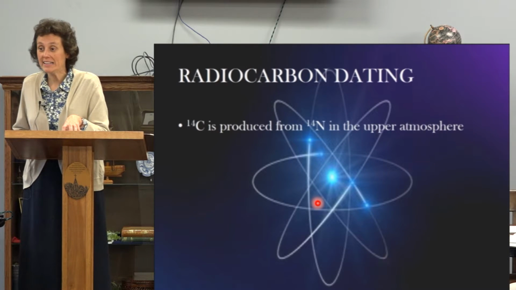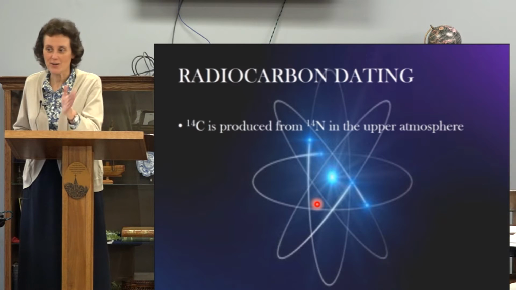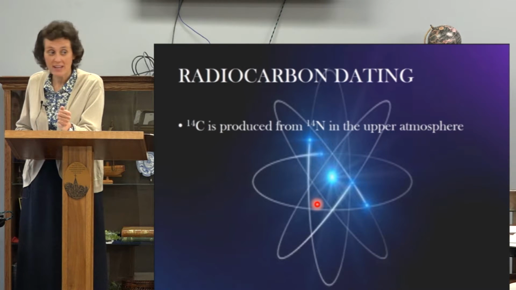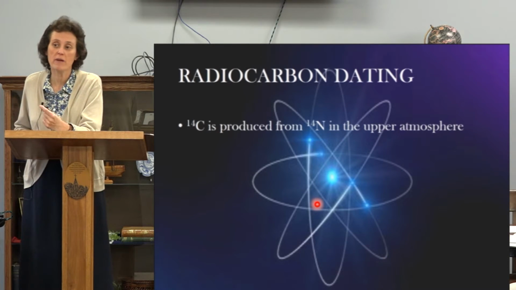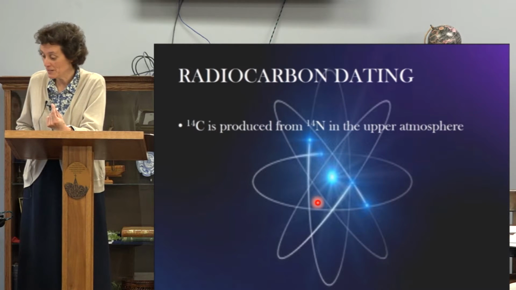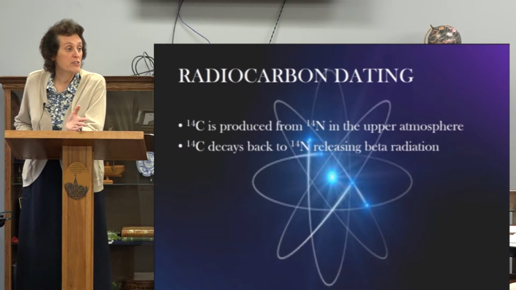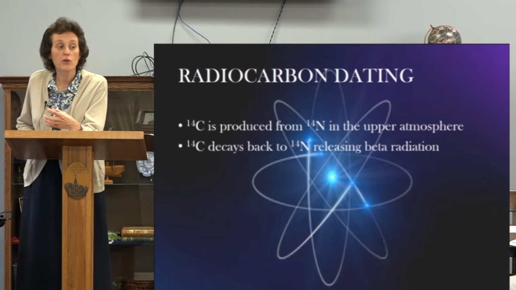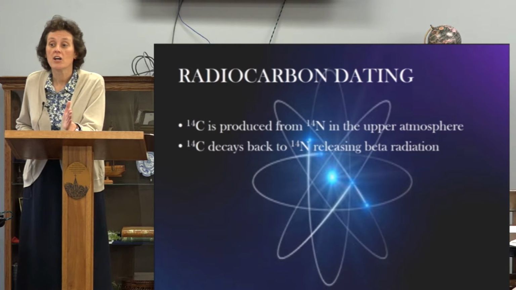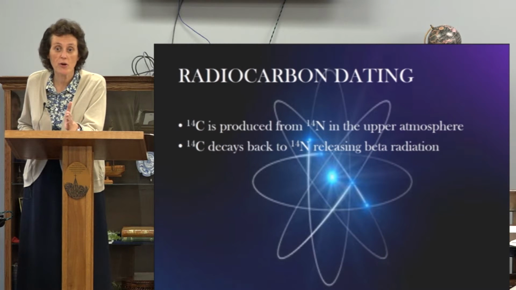So this is a way that radioactive isotopes are incorporated into living things. Theoretically, when the living thing dies, the carbon-14 incorporation stops. And we could call that time 0 on our radio clock, right? And that's what they do. Carbon-14 is produced from nitrogen in the atmosphere. Plants pick it up in the form of carbon dioxide, and animals eat plants, so radioactive carbon-14 is incorporated into living tissues, whether plants or animals.